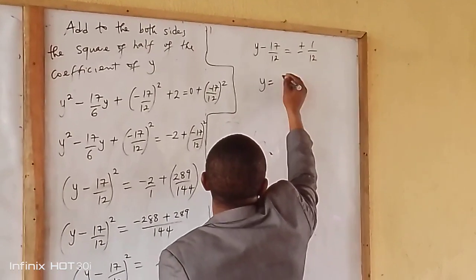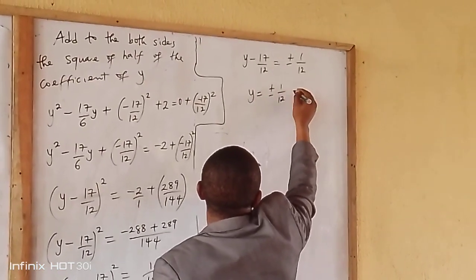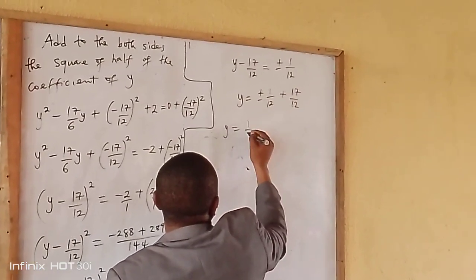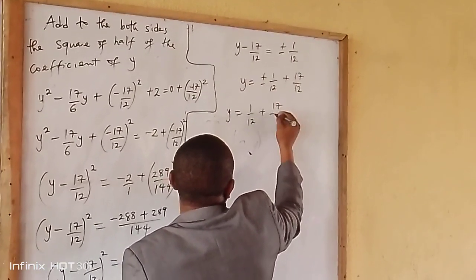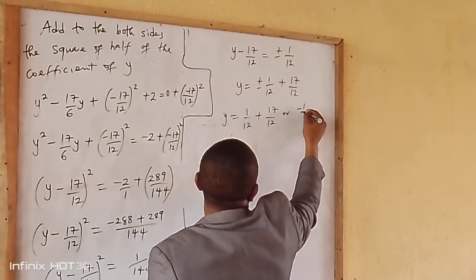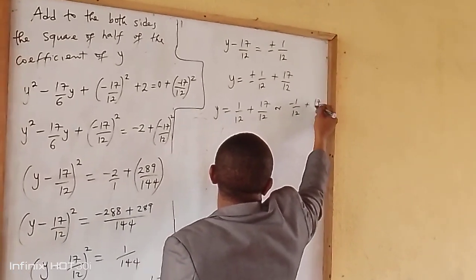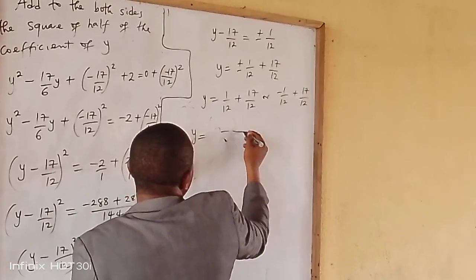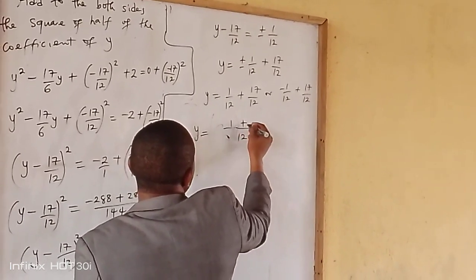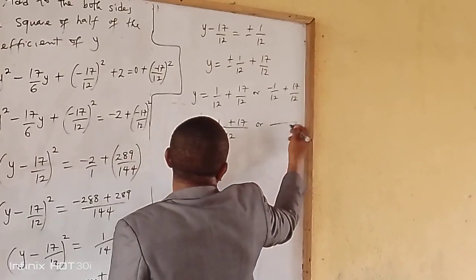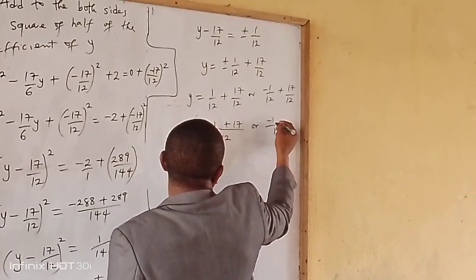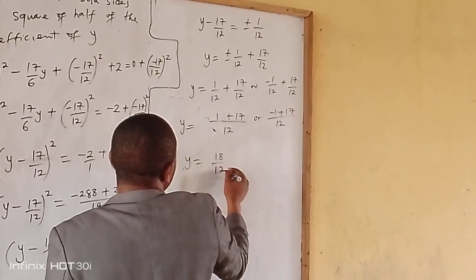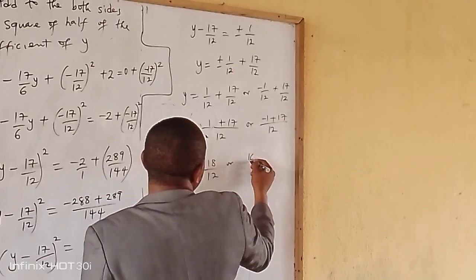So y is equal to plus or minus 1 over 12 plus 17 over 12. So y is equal to 1 over 12 plus 17 over 12 or minus 1 over 12 plus 17 over 12. To find the LCM, that would be 12. We have 1 plus 17, and 12 will also be the LCM here, we have minus 1 plus 17. y is equal to 18 over 12 or 16 over 12.